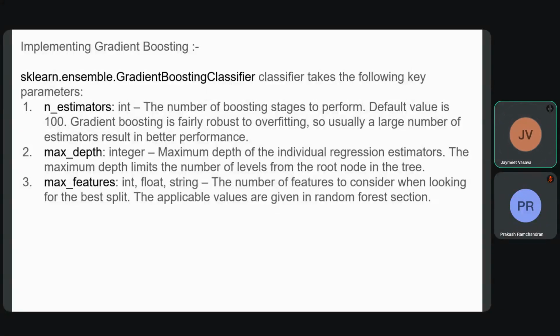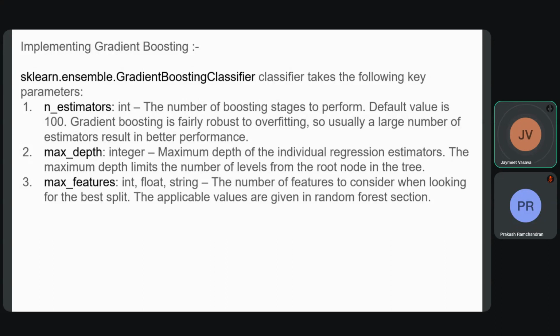So using the scikit-learn gradient boosting classifier for our gradient boosting, the parameters that it takes: n estimators, which is the number of boosting stages to perform. The default value is 100, and gradient boosting is fairly robust to overfitting, so usually a large number of estimators results in better performance.